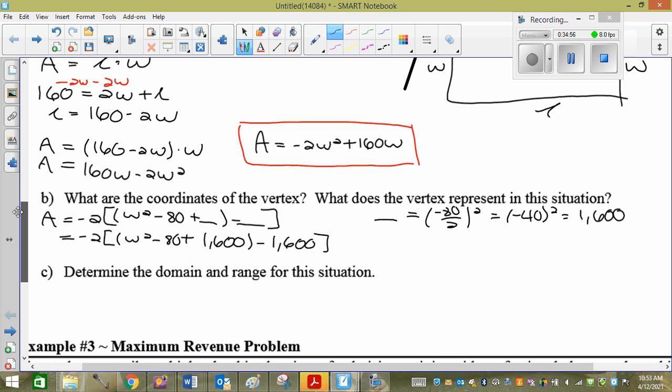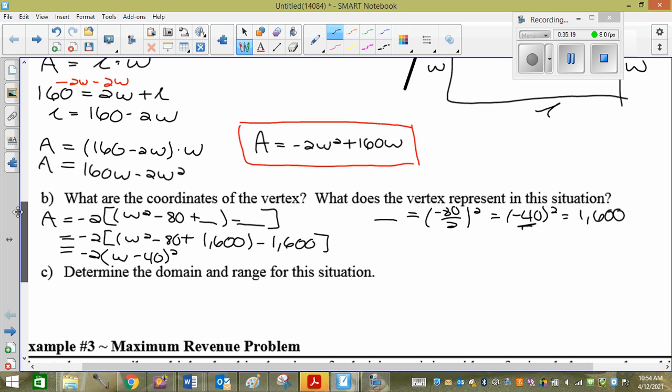Perfect. And then to simplify this, what are we going to put? So we have negative 2 bracket W. What term do I put in with our perfect square? Joy, I'll ask you again because you knew the last one. Yeah, exactly. That negative 40 is the term we're going to put in there. So we say negative 40 squared.